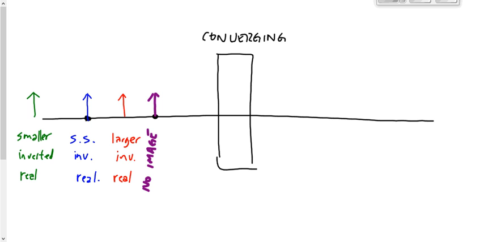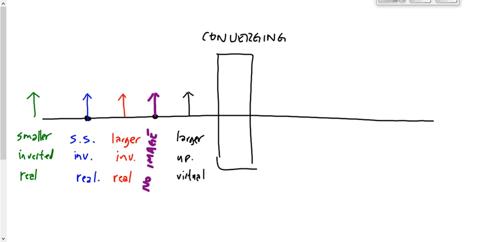And finally, if I place my object inside the focal length for a converging lens, it would give me an image that is larger, upright this time, and virtual. Larger, upright, and virtual. That, once again, is exactly the same as it is for converging mirrors.